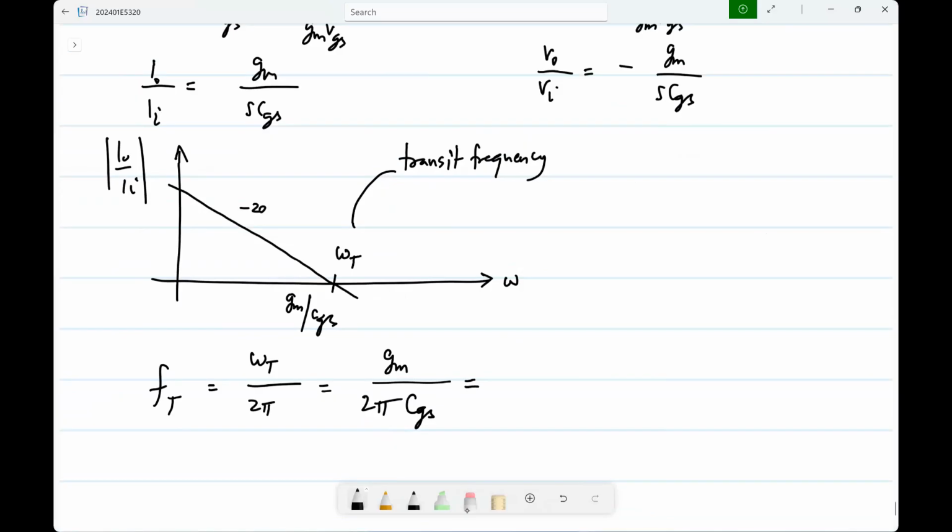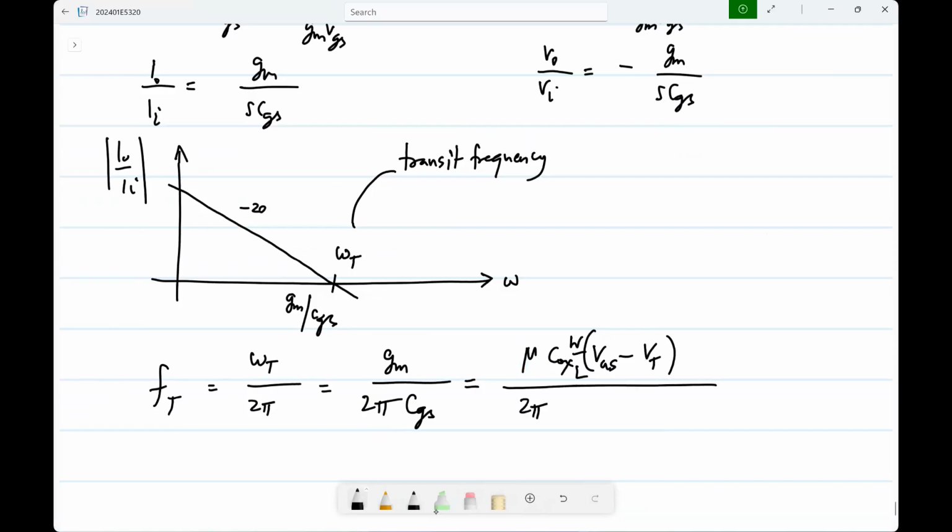Now, if you operate the transistor in the strong inversion region, what is the expression for Gm? Let me use this expression, mu Cox, doesn't have to be NMOS, mu Cox VGS minus VT, and sorry, W by L. Okay, and what is this?